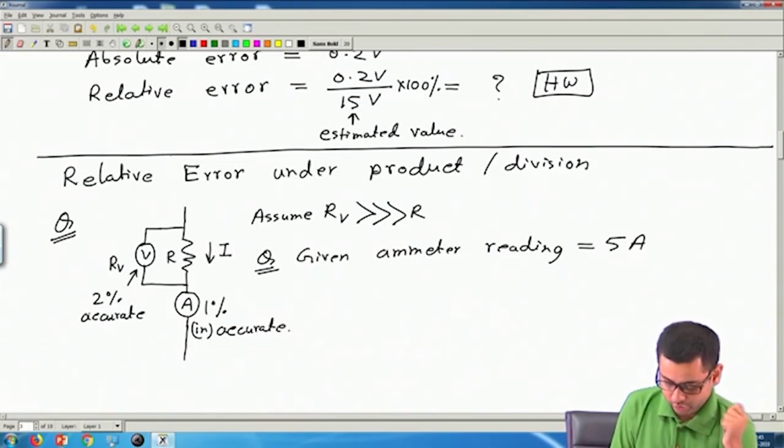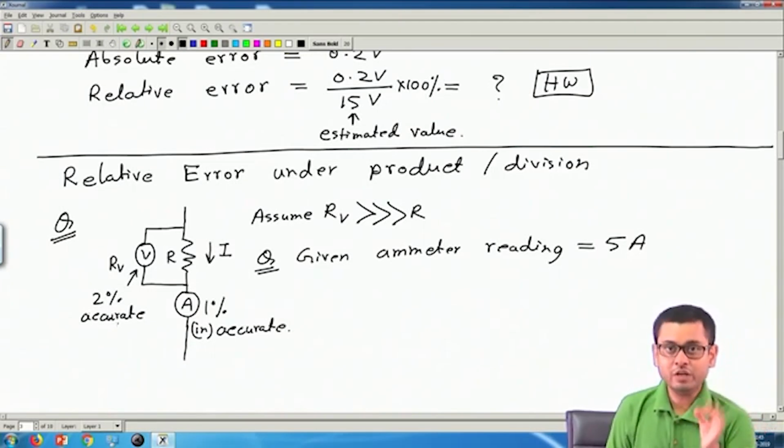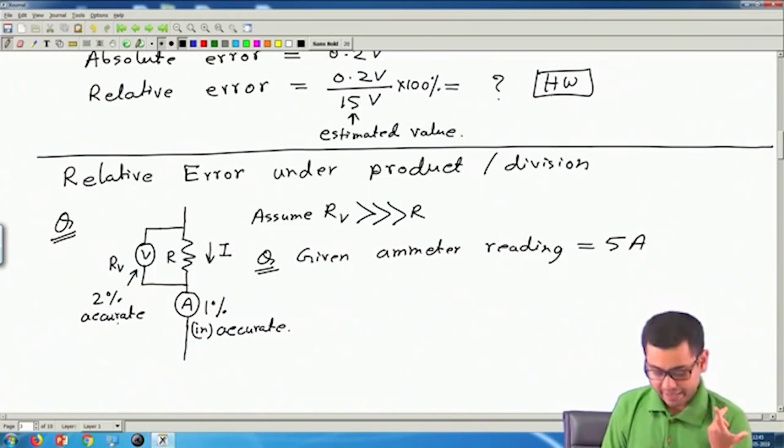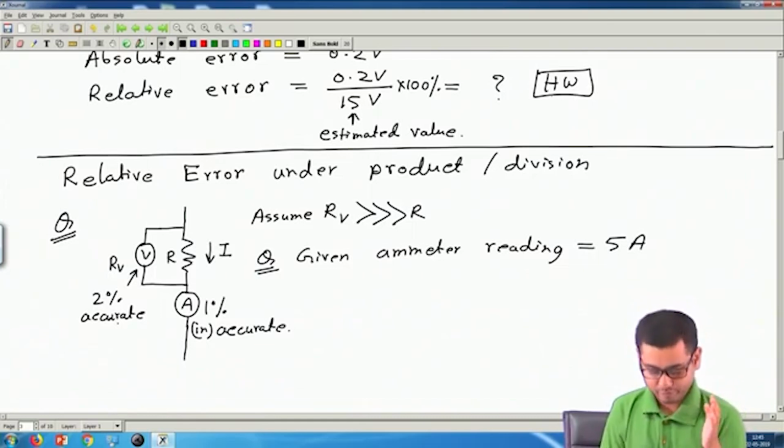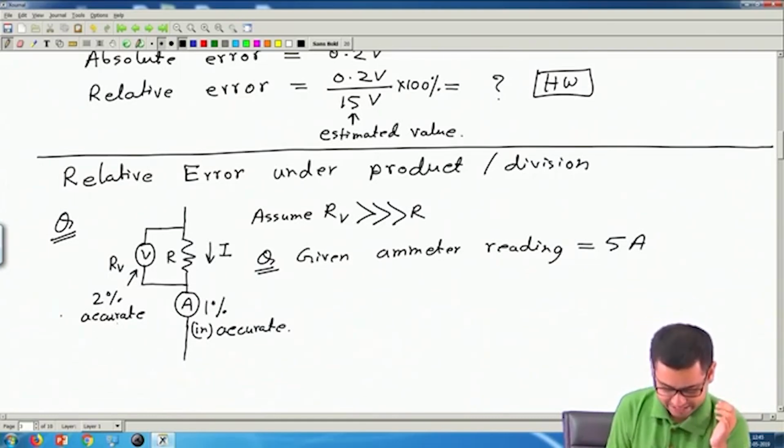2% accurate, I mean, it's not a meter which is only 2% accurate, who will buy that? But if we say it is only 2% inaccurate, it's meaningful. So this is actually 2% inaccurate, although we say that this is accurate. Okay.